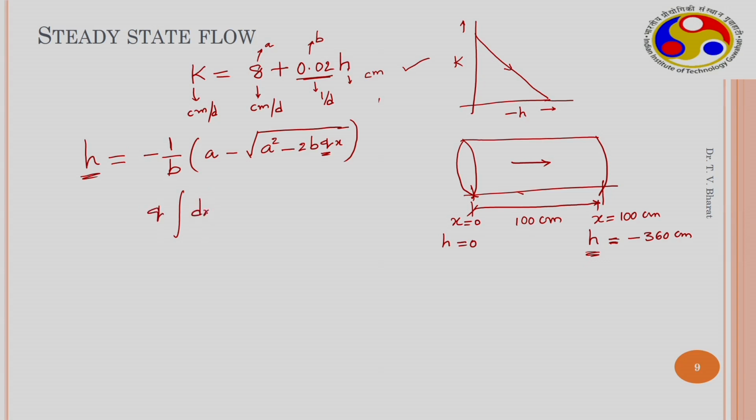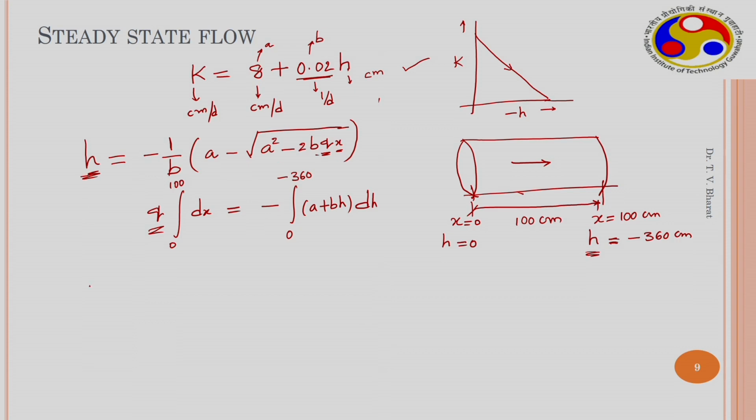q dx is equal to minus a plus bh dh. Here x is varying from 0 to 100 and h is varying from 0 to minus 360. If you solve this expression, you will get q. Otherwise, you can also substitute the value of h at x equal to 100 centimeter, then you will get q.